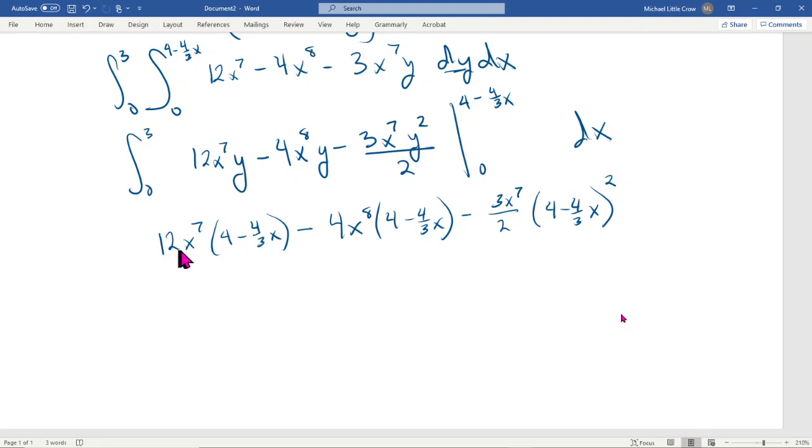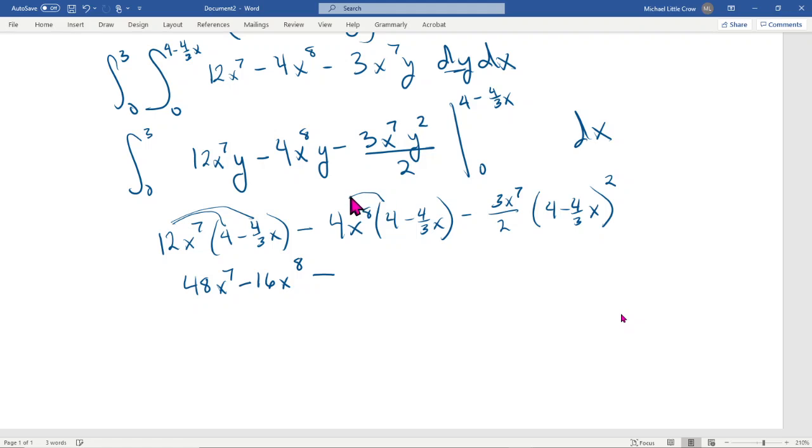So let's distribute through. 12 times 4 is 48x to the 7th, and then we multiply here. 3 goes into 12. 4 times 4 is 16, so we get minus 16x to the 8th. It's just, again, tedious.